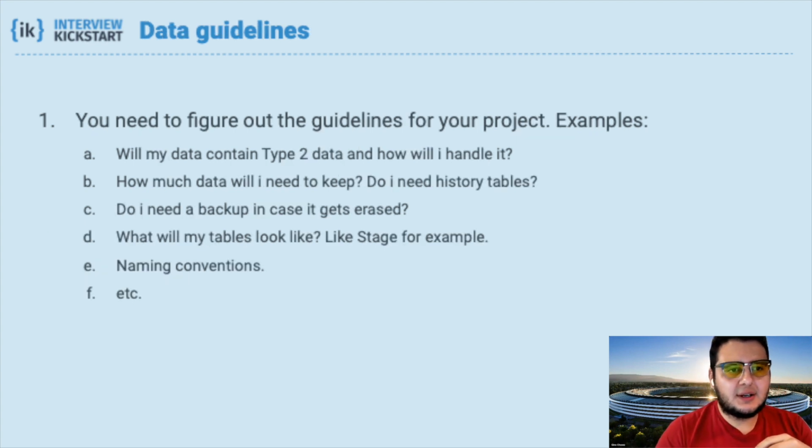Next one is data guidelines. These are the guidelines that you will follow for your project, and you have to be very strict about this. These are your non-negotiables, not the customer's. If you say this will be like this, you should follow the same convention for every single part of your project.